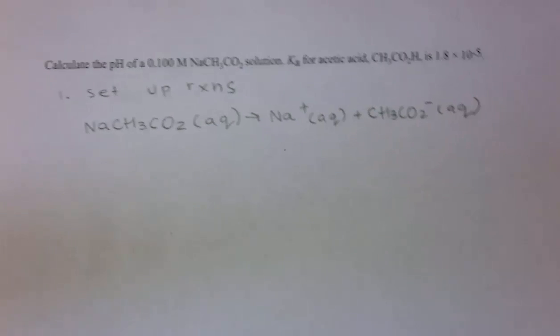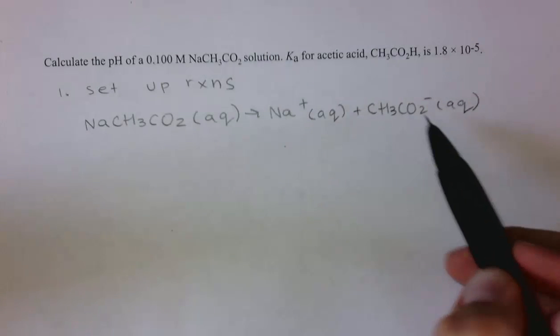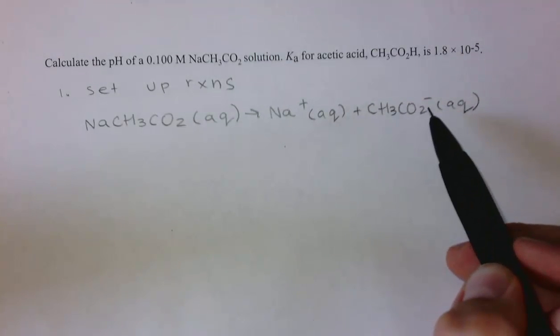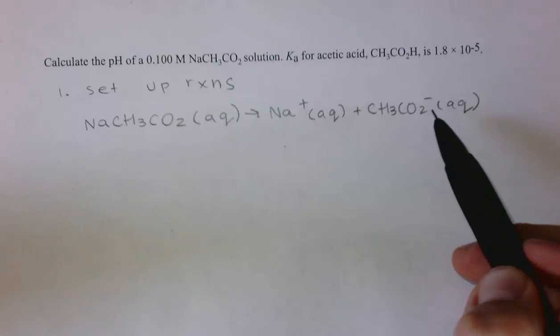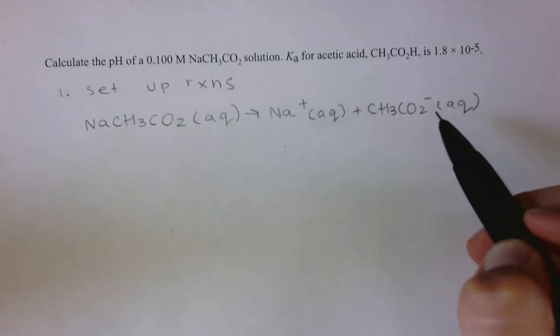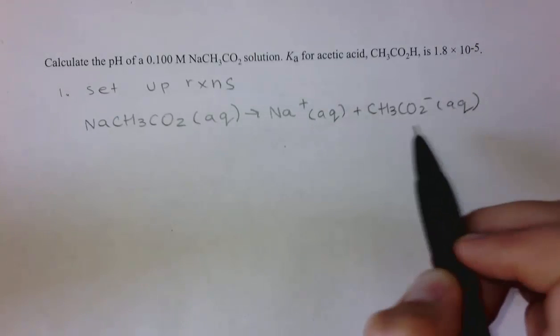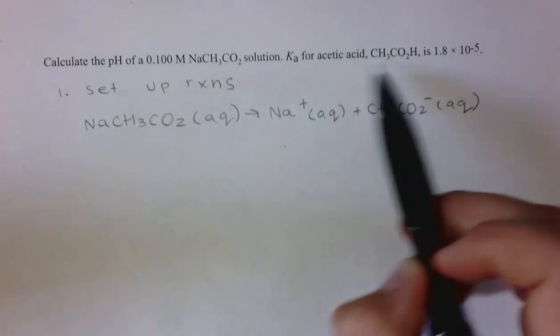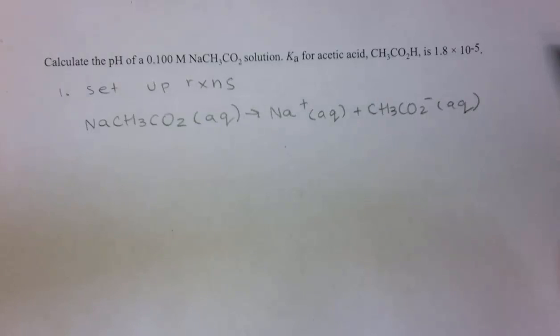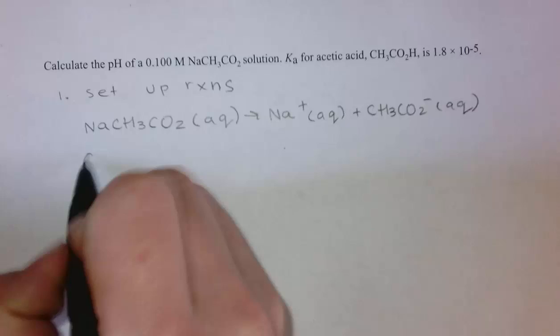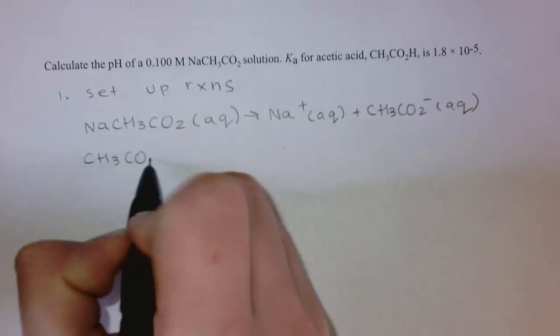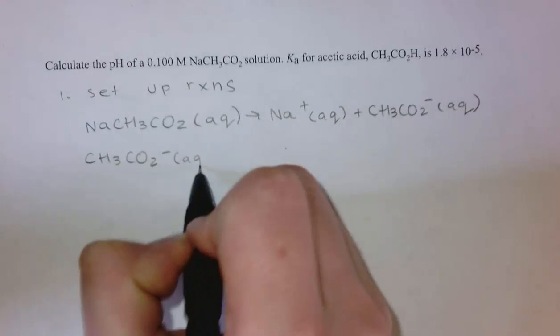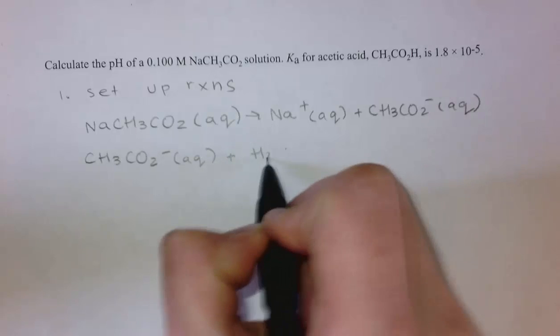So now we are still in water, and when this acetate is exposed to water, it's actually going to act as a base because it wants to accept a hydrogen to be in its stable state, which is acetic acid. So I'll write out that reaction. We have our acetate reacting with water.